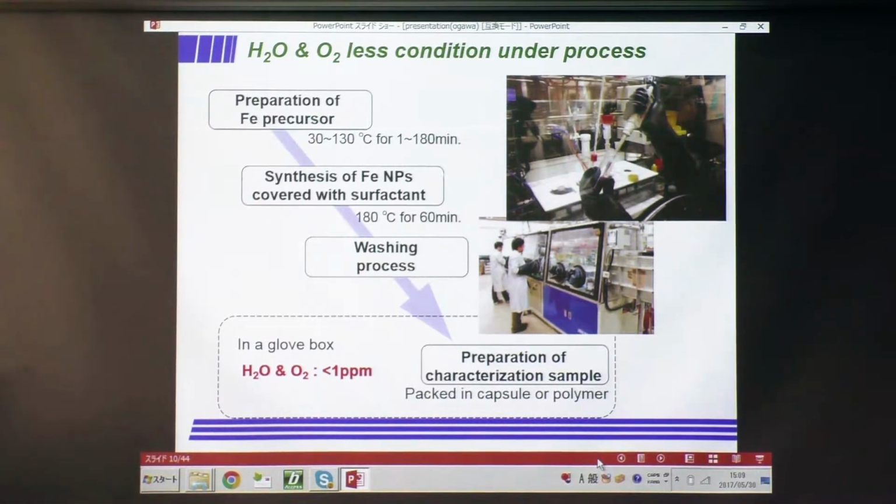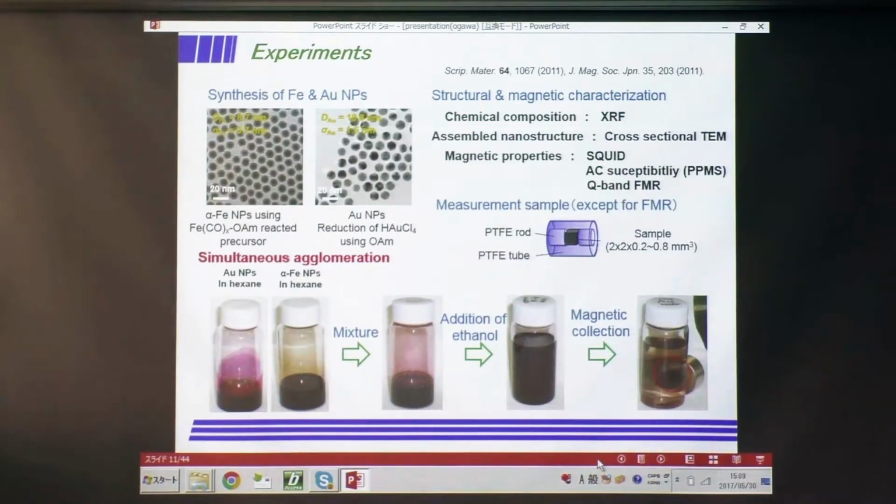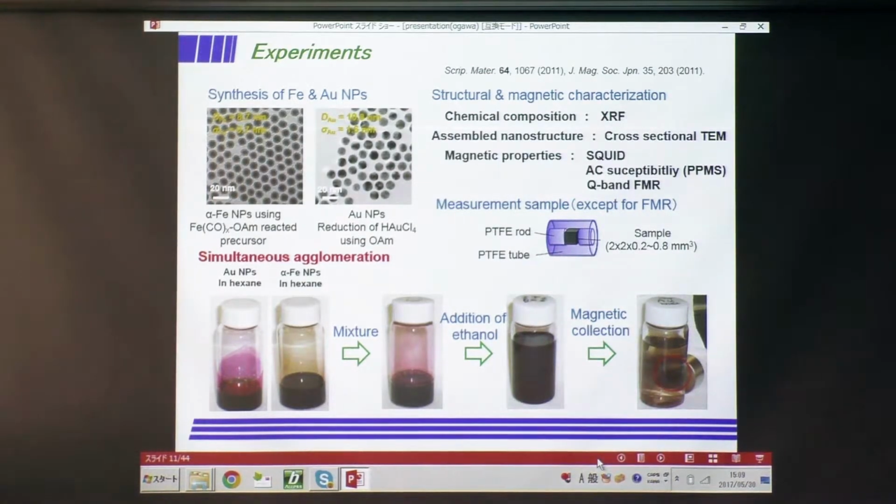All of this procedure is done in the glove box, with a very low impurity level, less than 1 ppm. And this is the experimental procedure of the simultaneous agglomeration method.